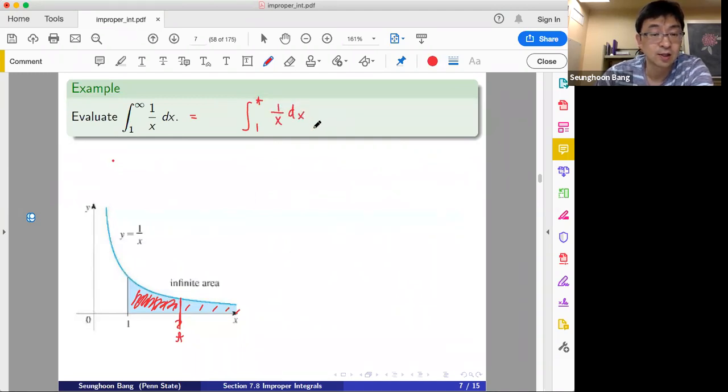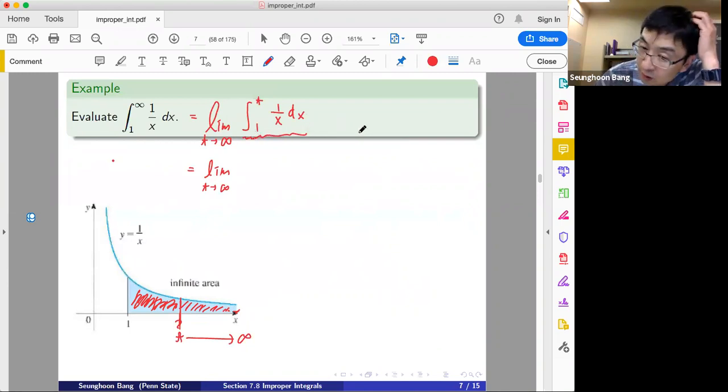Next, take the limit as t approaches positive infinity. What does it mean? t is going to positive infinity, so you add more area like this. So you keep the limit as t approaches infinity. Do you know what the integral of 1 over x dx is?